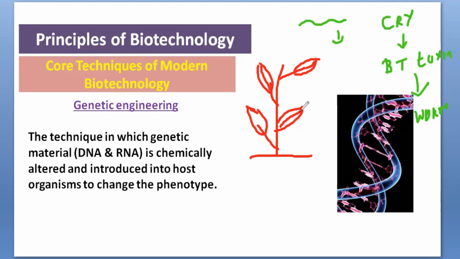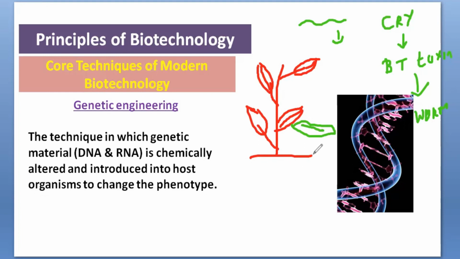So this will produce a protein known as Bt toxin. Now if the worm comes and tries to eat this, the worm will die. Okay? So you can make this plant pest resistant. Now this plant is known as a transgenic plant. So you have altered the genetic material of this plant, and then we have changed the phenotype, the phenotypic character of this plant.